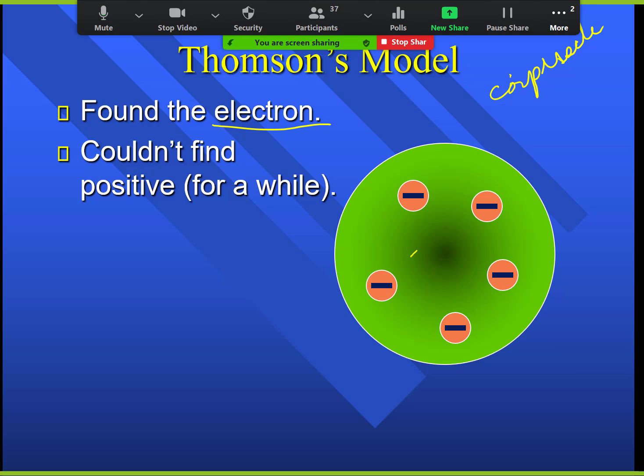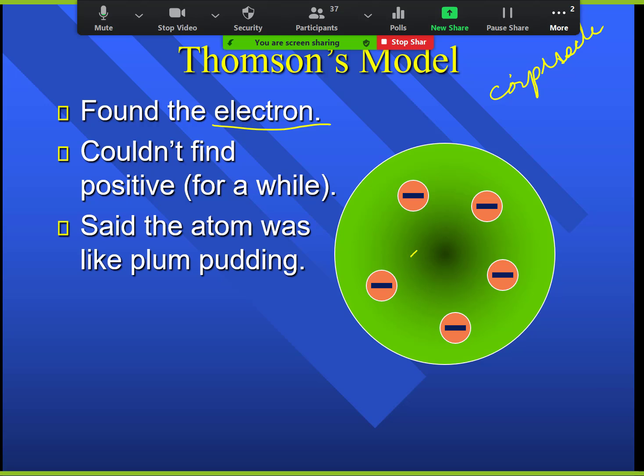Now Thomson says there are parts to it. Now you have to think about what the atom is going to look like with those parts. Well, he said it looks like plum pudding, which makes perfect sense if you lived in 1890s Britain, because you would know what plum pudding is. I didn't know what plum pudding was until I looked it up. Plum pudding is raisin bread.